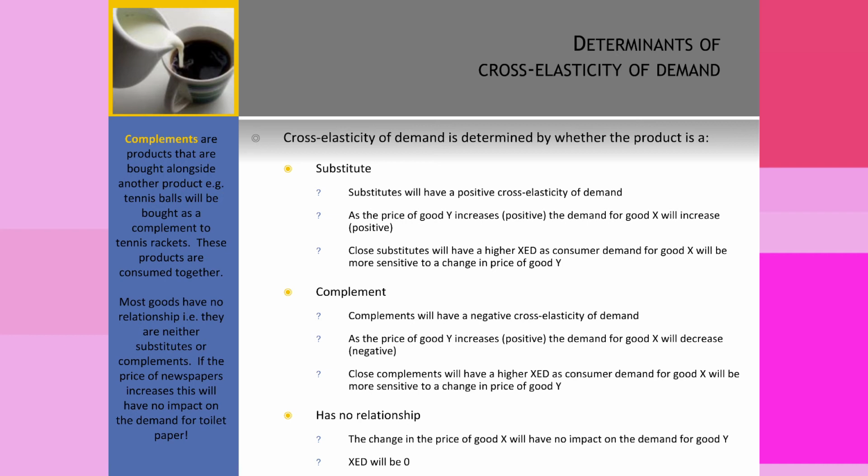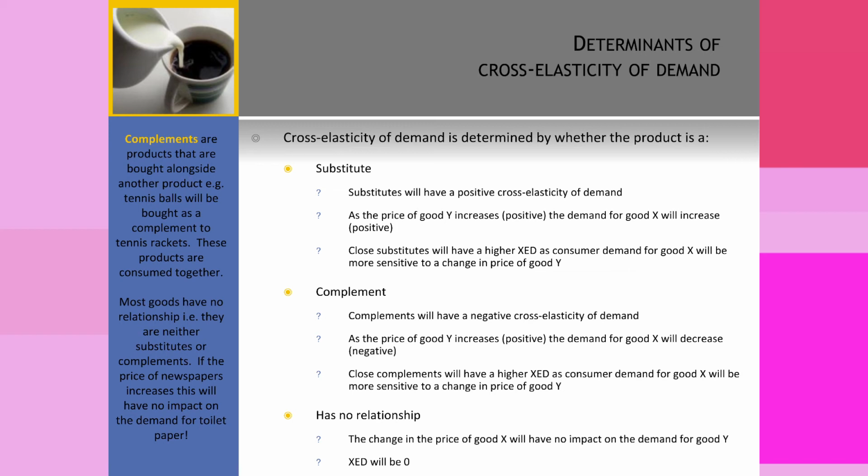For substitutes, they will have a positive cross-elasticity of demand because as the price of good Y increases, the demand for good X would also increase. So substitutes are things that you swap out. So the price of coffee goes up, the demand for tea would also go up.